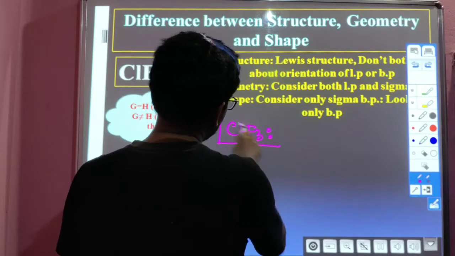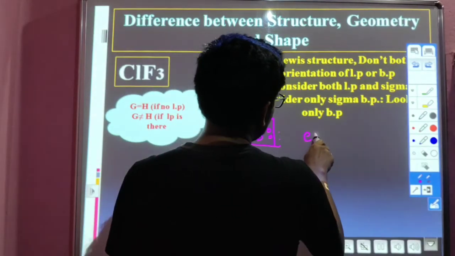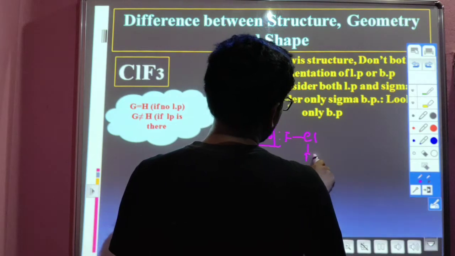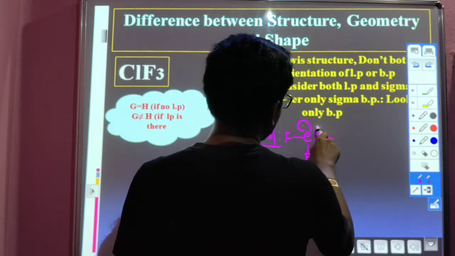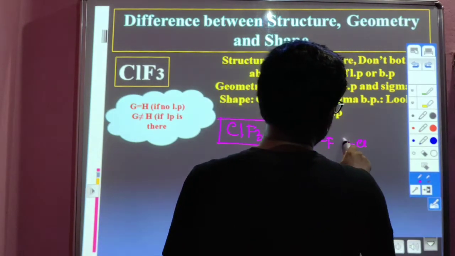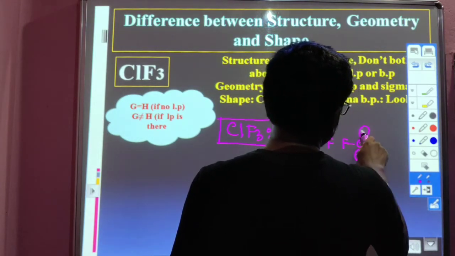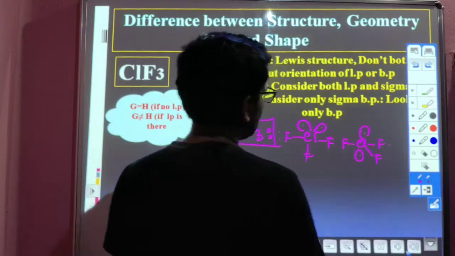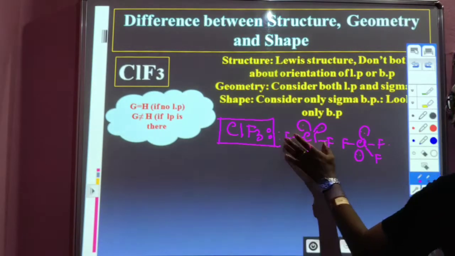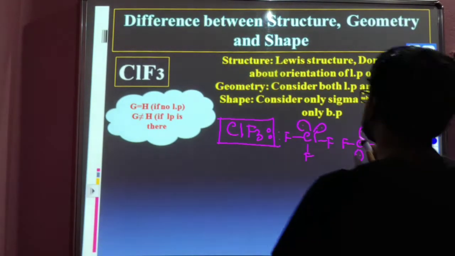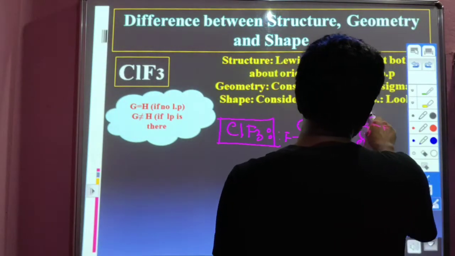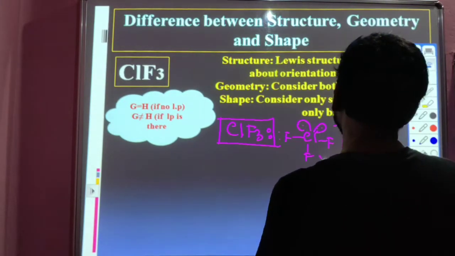ClF3. F, lone pair, F. This is the structure.